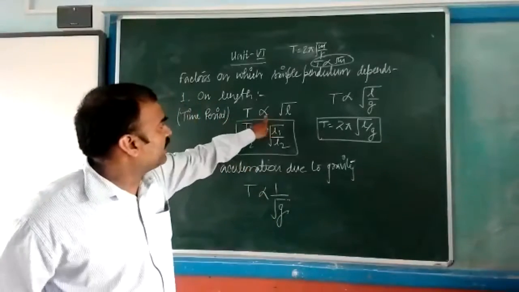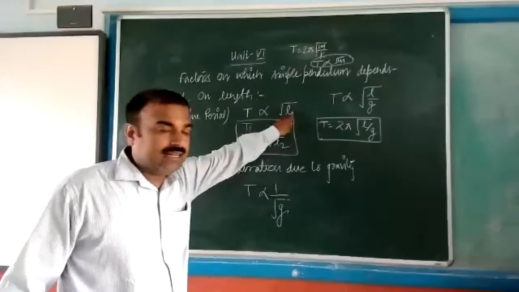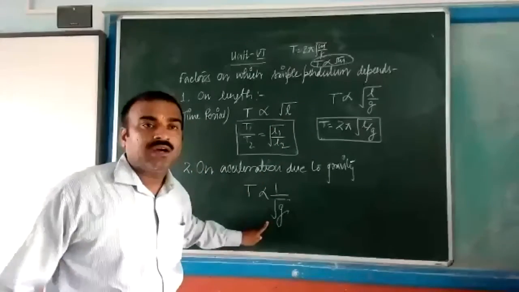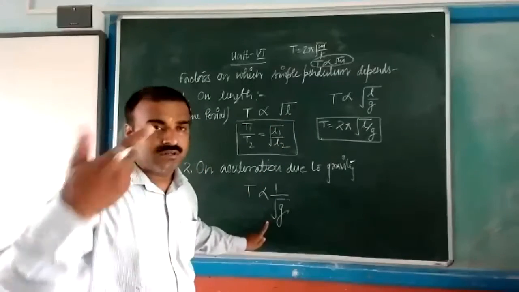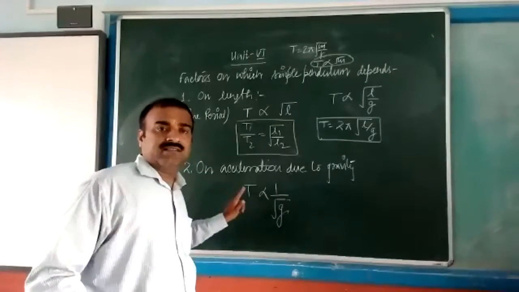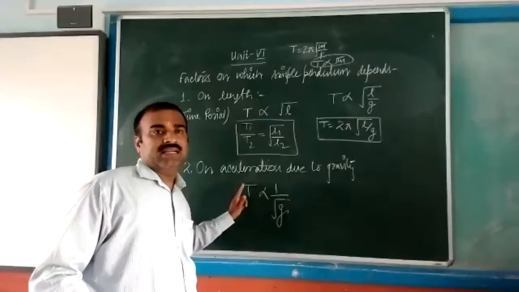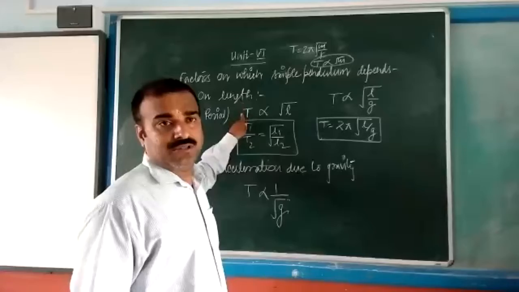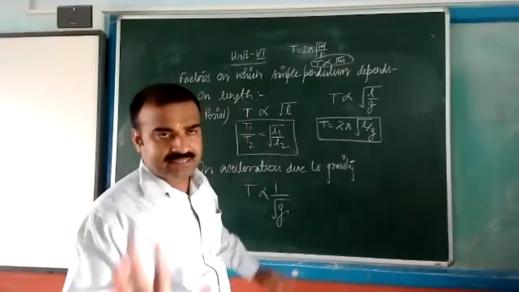Just see here directly L, and here 1 by root G. 1 by means opposite. That means if this is increased, this will decrease. This will decrease, this will increase. And in this one, this will increase, this will also increase. This will decrease, this will also decrease.